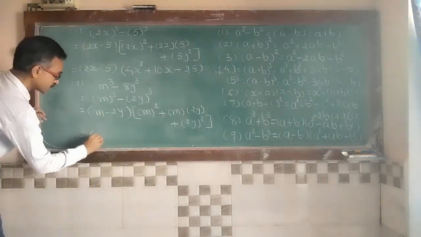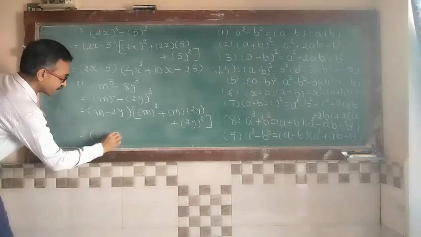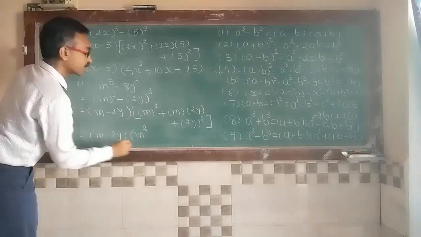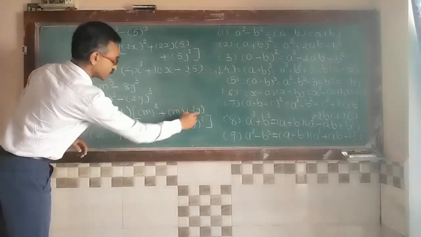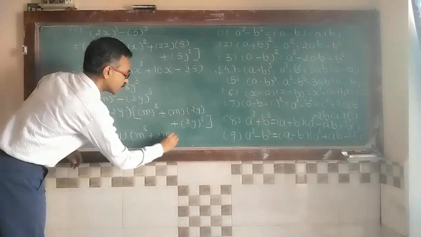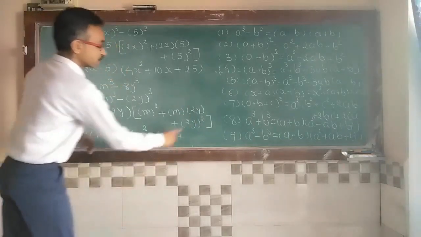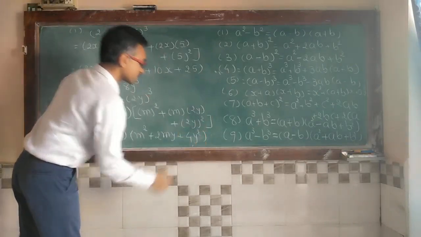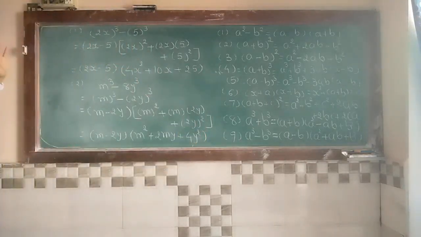So the answer is (m - 2y)(m^2 + 2my + 4y^2). So this is your answer.